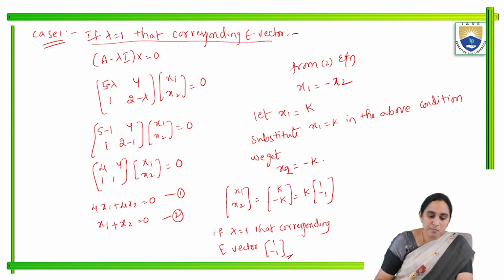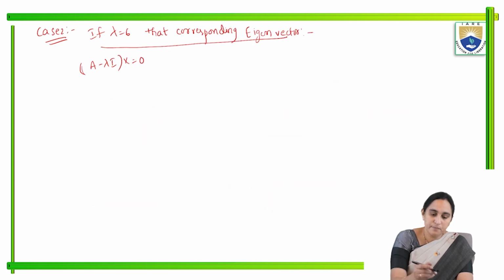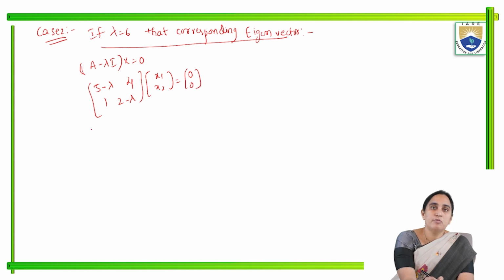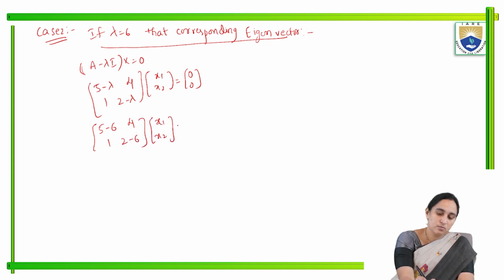What is A minus lambda I? 5 minus lambda, 4, 1, 2 minus lambda, into x1, x2 is equal to 0, 0. Here, what about the lambda value? 6. That is 5 minus 6, 4, 1, 2 minus 6, into x1, x2 is equal to 0, 0.